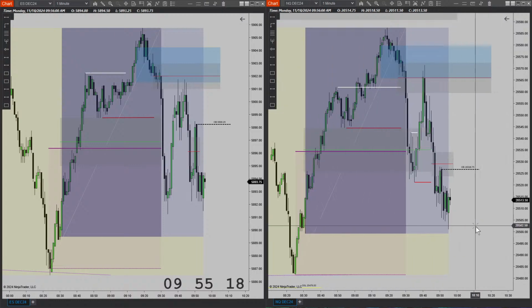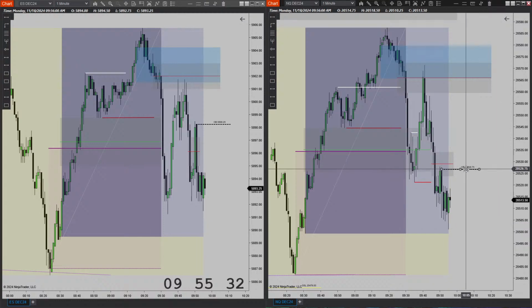So unless I see otherwise, I'm not taking a short or a long just yet. Yeah, this is the order block I'm watching, this one right here. But since I'm bullish, I want to see a change in the state of delivery. Otherwise, no trade.